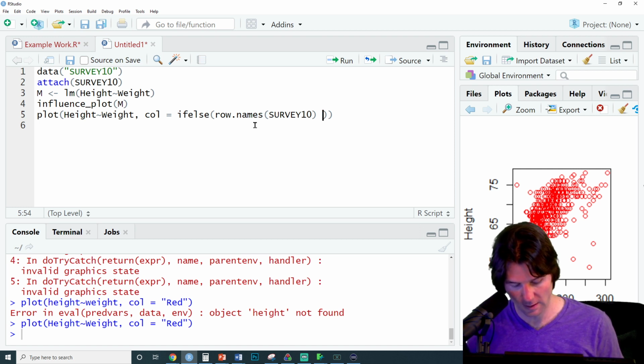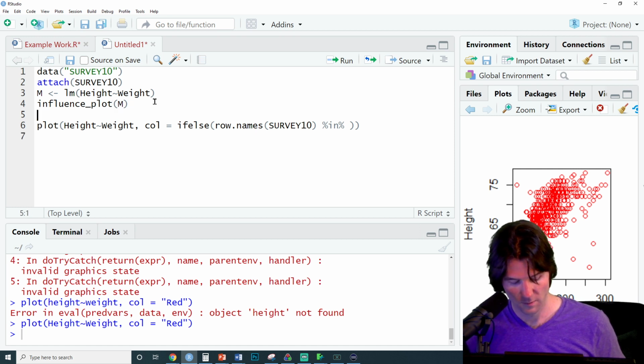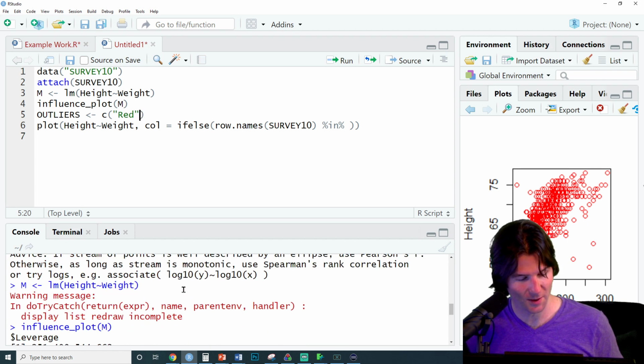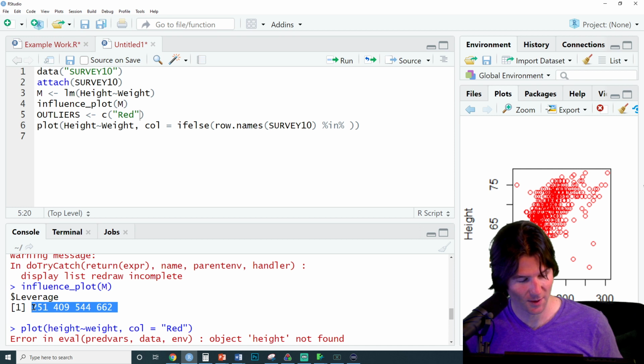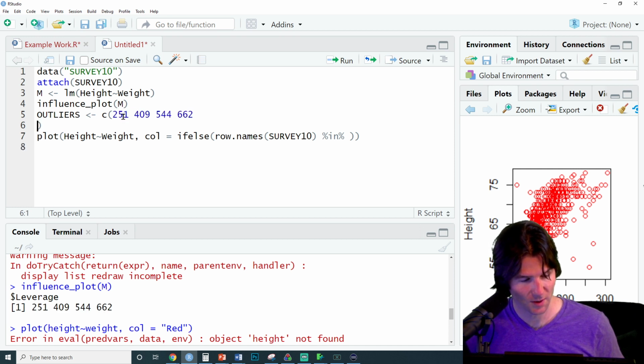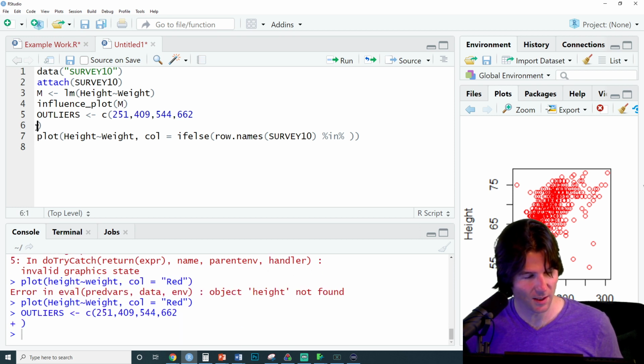Okay, I think I have it. No, need those values. This is Brian's fun right here. I want to show the outliers. I'm running out of time. That's got it. Cool. There's the outliers.